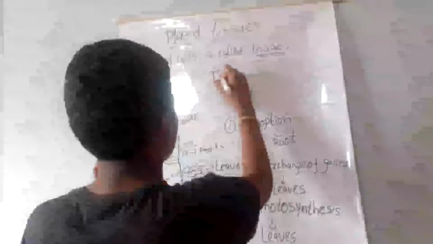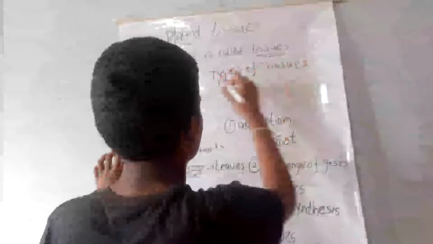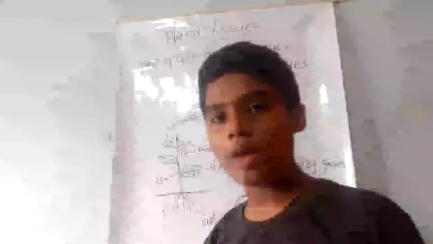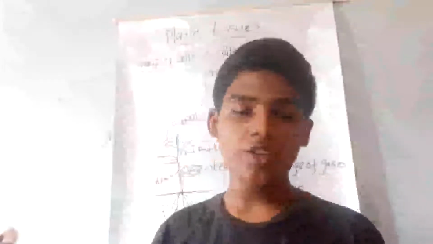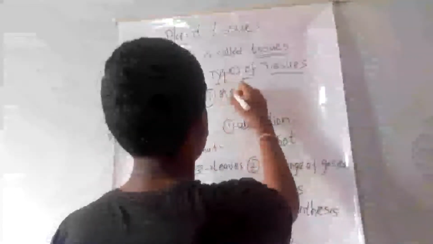Now we are going to discuss the types of tissues. There are different types of tissues in different organisms. Let us see the types. First one is meristematic tissue.